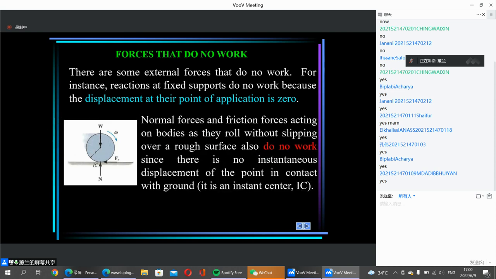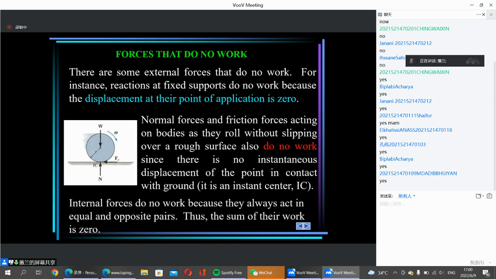First, the internal forces between the rigid bodies do no work, because as we have said again and again, internal forces always appear in pairs, acting in equal and opposite directions. So the sum of the works by internal forces will be zero. They cancel each other out.